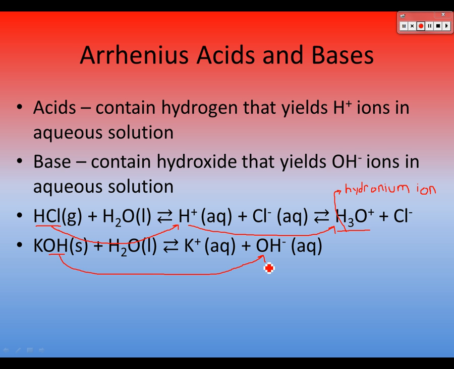Now, the Arrhenius definition is, I would say, the most simplistic. The reason we need other definitions is because it doesn't cover all bases. So, for example, ammonia, NH3, is very basic, yet there's no OH in NH3, so that's why it doesn't fit into this definition.